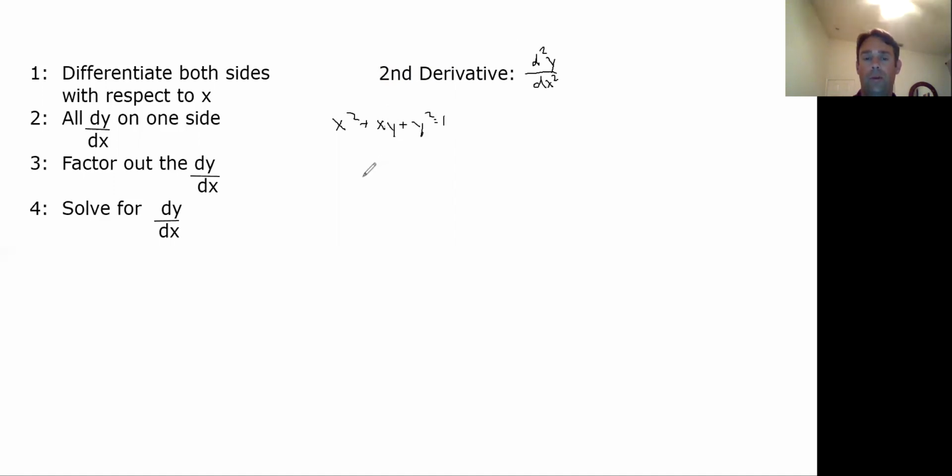All right, friends, here we go. So 2x. And then our personal favorite, we got another product rule here. Loving those product rules.